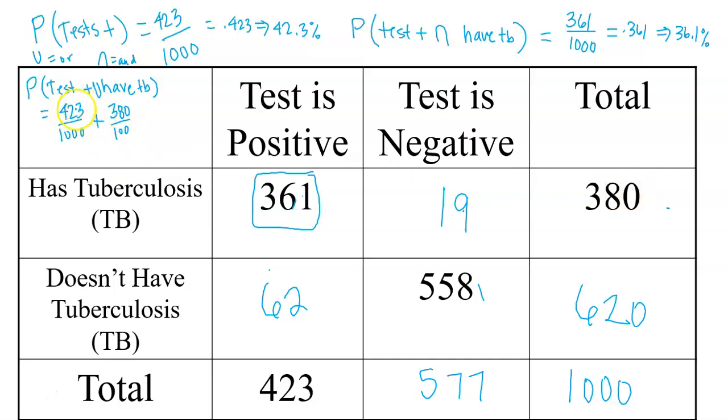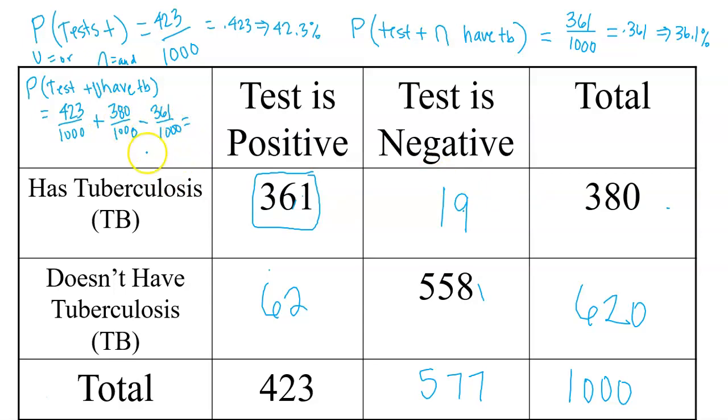So 361 is in both of these numbers, which means we added these 361 people on twice to our probability, which means we need to subtract one of them back off. So we would have 423 out of 1,000 plus 380 out of 1,000 minus those 361 people that got counted twice. They got counted both as a person who tested positive and as a person who has tuberculosis. So we need to subtract them off once.